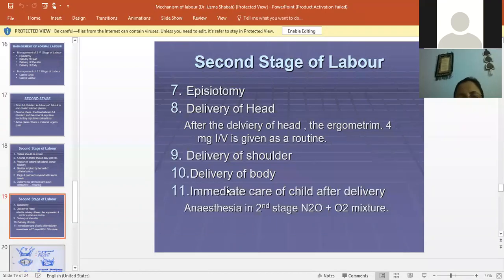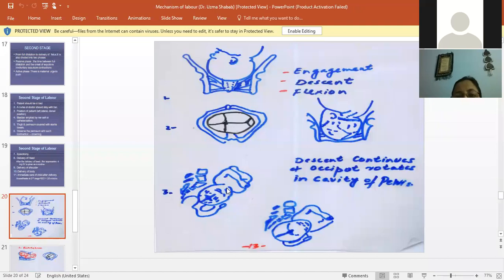Now this is the drawing showing the different cardinal movements, which I already told. This is engagement, then the descent into the pelvic cavity, and then flexion of the baby's head. This picture shows the internal rotation.